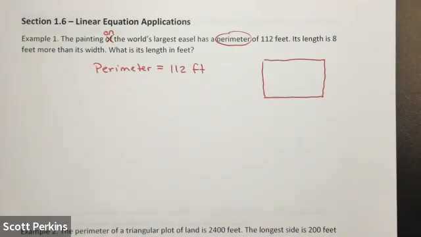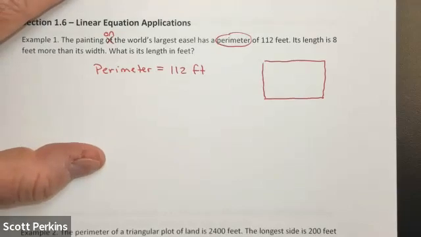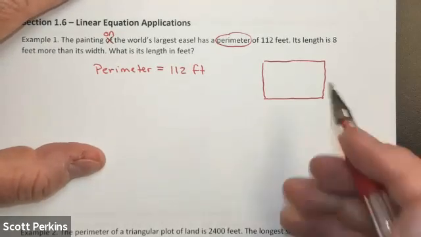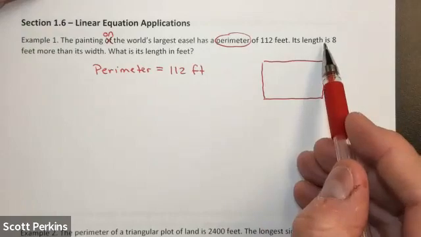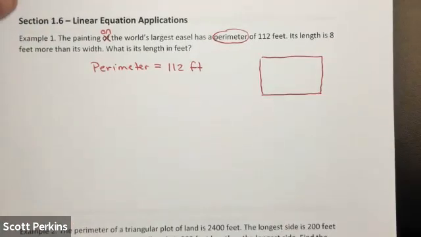And I'm going to label that relationship. This helps me. If you don't need to draw a rectangle, if you're able to visualize it mentally without the picture, fantastic. That's a great skill to have. So here's the relationship. It says the length is 8 feet more than its width.